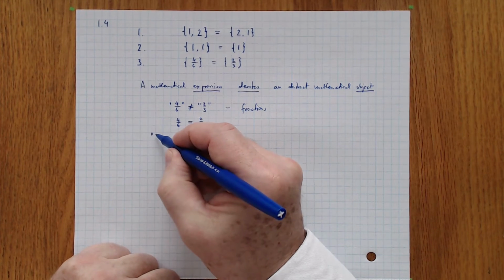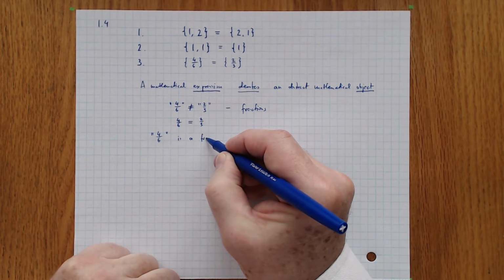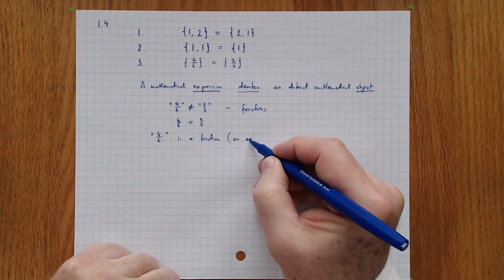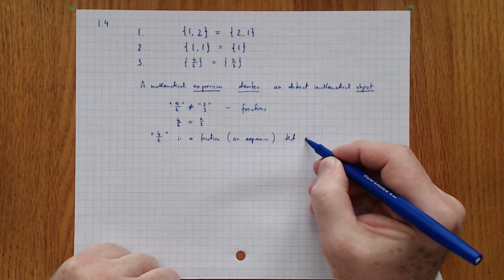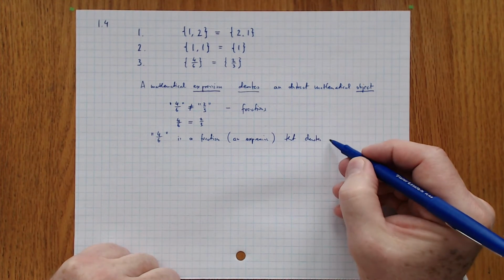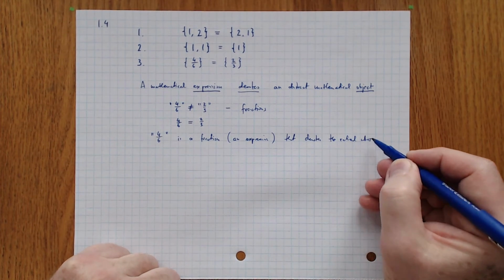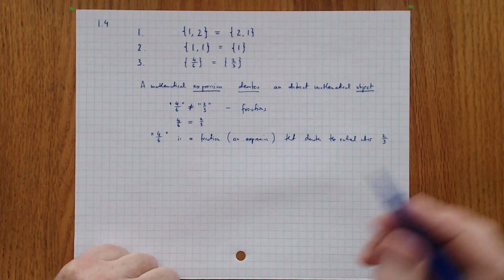So here is another note we can make. "4 over 6" is a fraction, which is an expression that denotes the rational number 2/3.